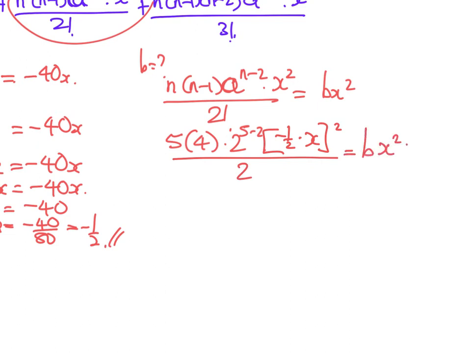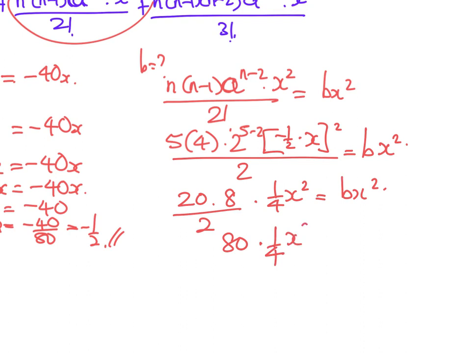Let's expand this. We have 20 times 2 to the power of 3, which is 8, over 2, and then times 1 over 4 x squared equals bx squared. So 20 times 8 is 160, and 160 divided by 2 is 80. 80 times a quarter x squared equals bx squared.